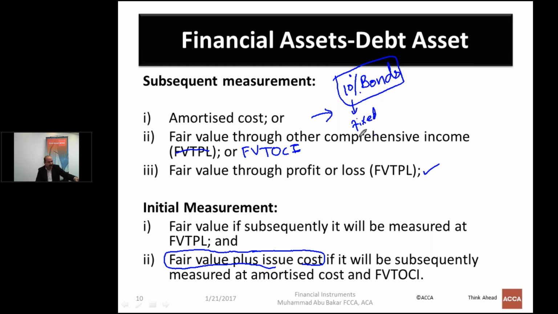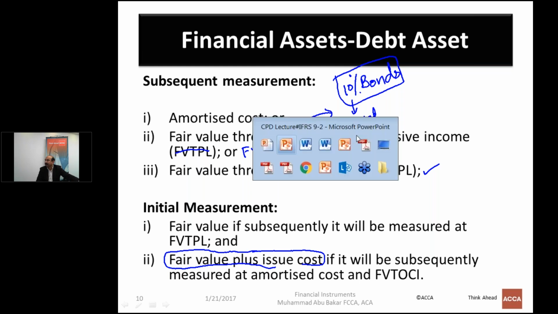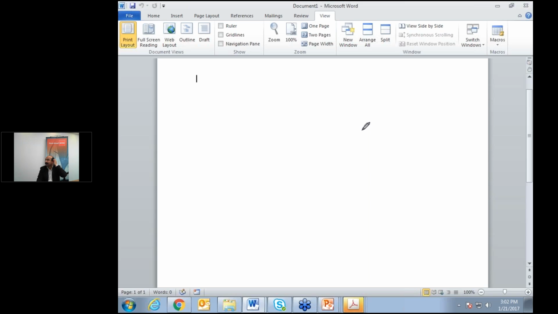Okay, let me use a separate page for this. So 10% bonds you invested in.